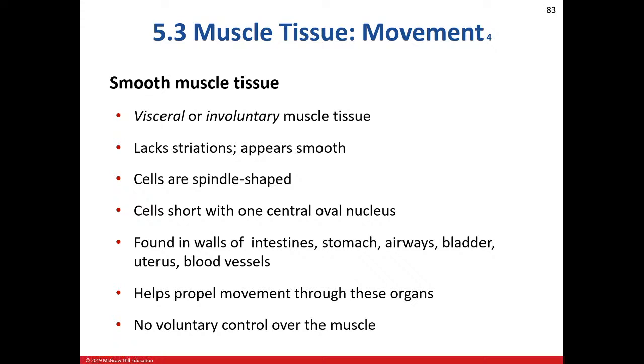And when you find it in the blood vessels, it will contract and it can prevent blood from entering a tissue, or on the other side, you can tell the smooth muscle there to relax, and if the smooth muscle relaxes, then the blood vessel will dilate and increase blood flow to the tissue.